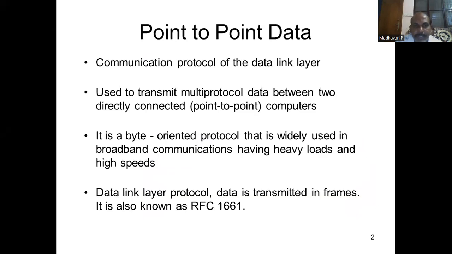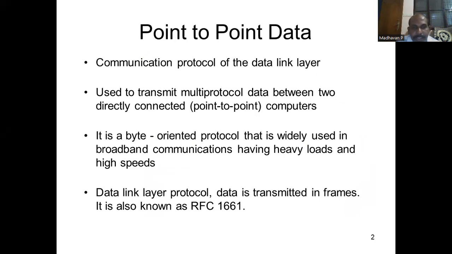So as I said earlier, this is the communication protocol which is used in the data link layer. This protocol is used to transmit multi-protocol data between two directly connected point-to-point computers.